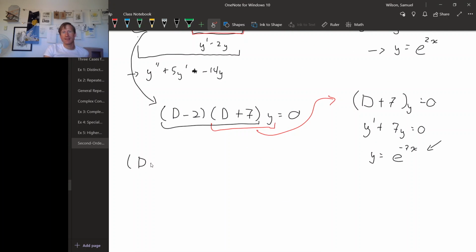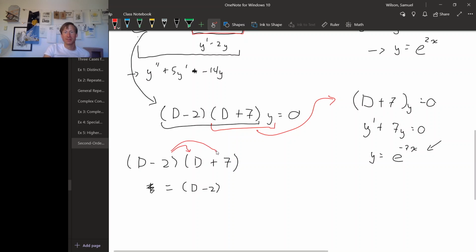So it is sort of a not very interesting exercise in multiplying things out. So the operator D minus 2 applied to the operator D plus 7. The D minus 2 is a linear differential operator, so it distributes like this. So that's D minus 2 applied to whatever D produces, plus D minus 2 applied to whatever 7 produces.